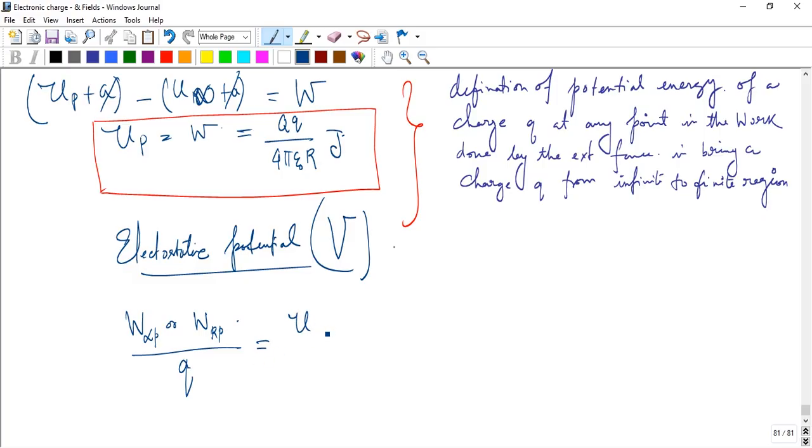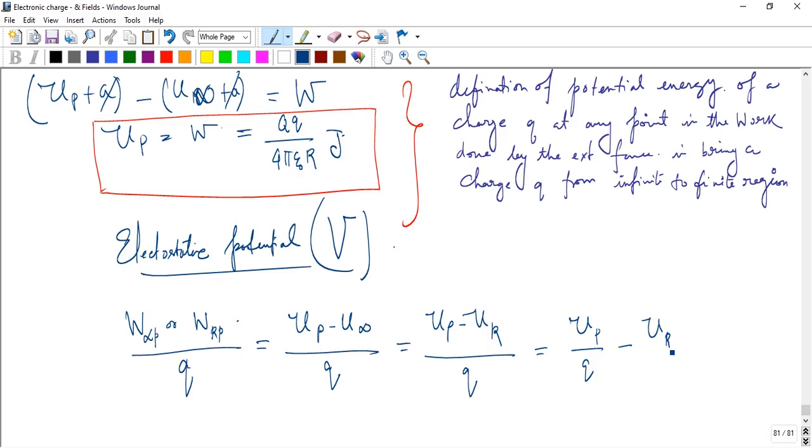So U P by q, or U R by q, where R is any other point except infinity, is equal to the potential at point P, or the potential at point R. So this work is obviously proportional to the test charge q.